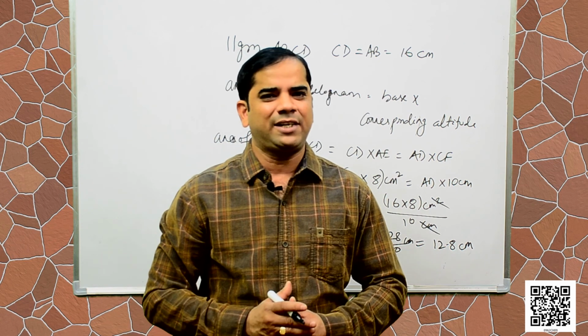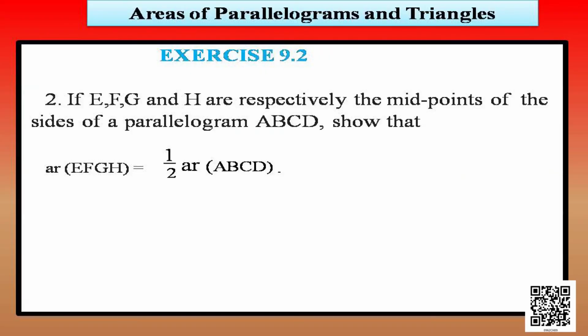Hope you understood this. Students, let us now discuss question number 2. It says, if E, F, G and H are respectively the midpoints of the sides of a parallelogram ABCD, show that area EFGH is equal to half of area ABCD. Okay.